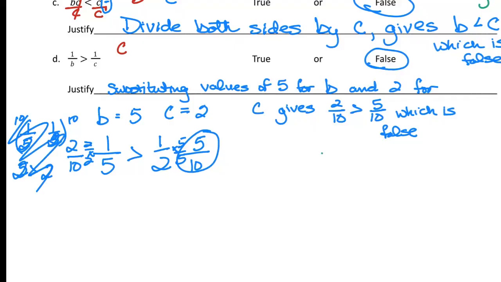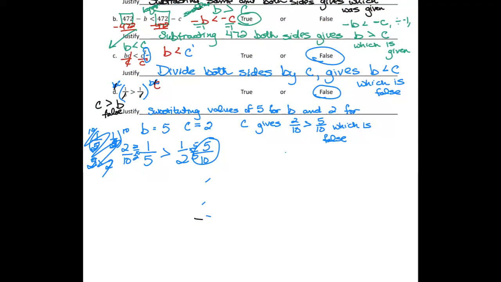Yeah, we could have multiplied by B times C. This is another way to do it, because that would have been the common denominator. And B times C over B, the B's would cancel out. And you get C is greater than B, which is also false. So there's different ways of doing it, okay?